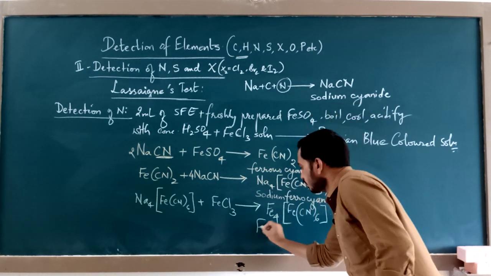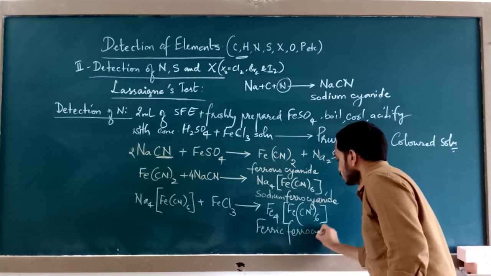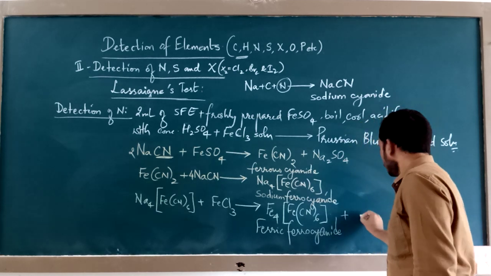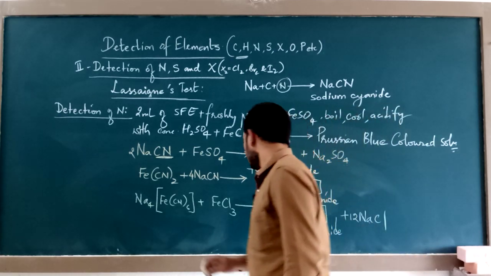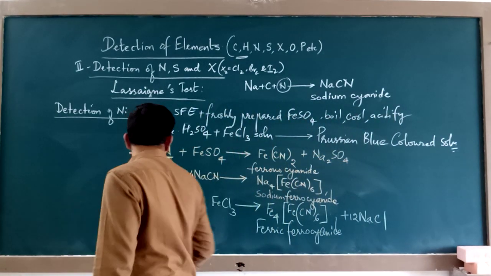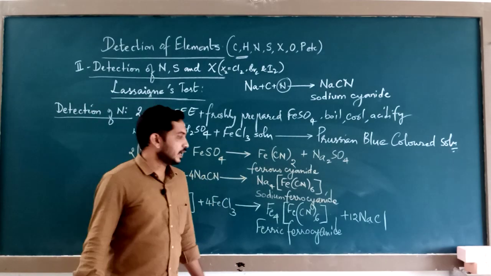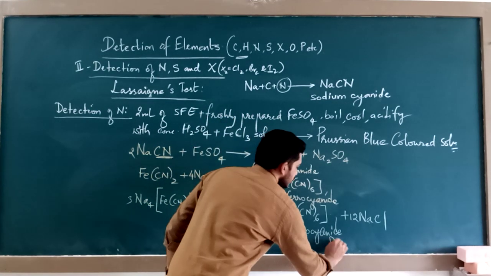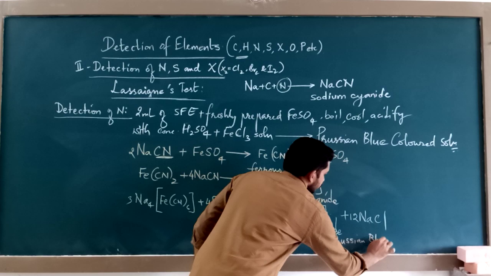It is called ferric ferrocyanide, plus NaCl. This is 12, so I'll write here 3. Okay. So you will get ferric ferrocyanide. The color of ferric ferrocyanide is Prussian blue.